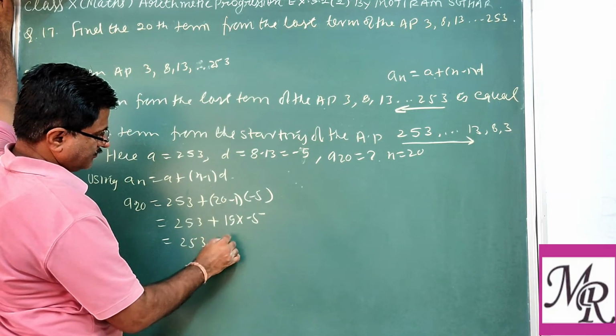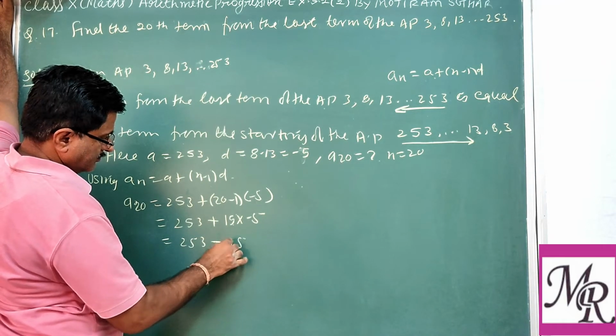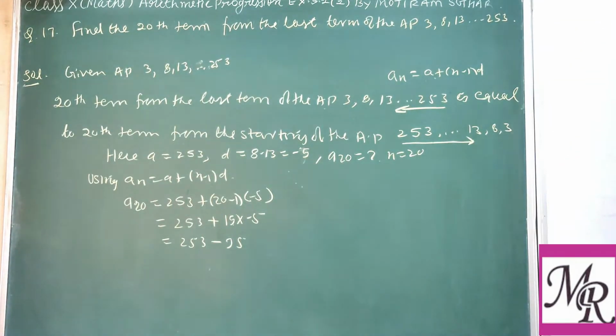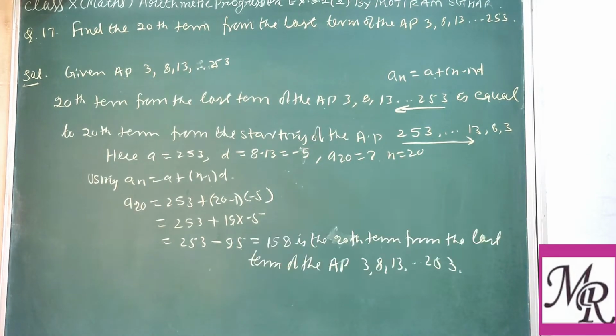Simplify this: 253 minus 95. On simplification we get 158. Hence our answer is 158, the 20th term from the last term of the AP 3, 8, 13 up to 253.